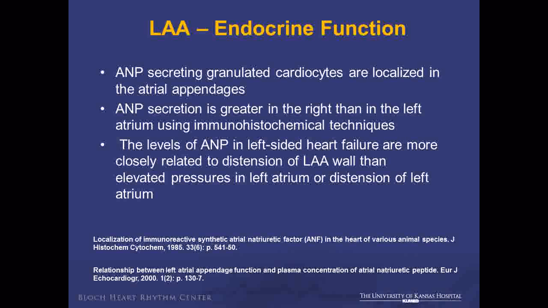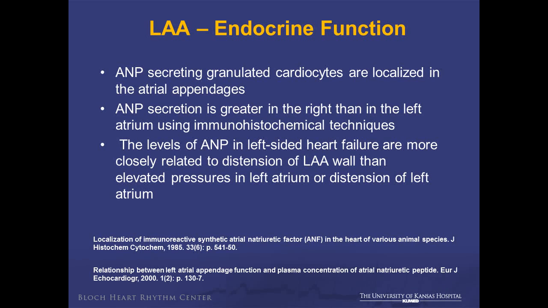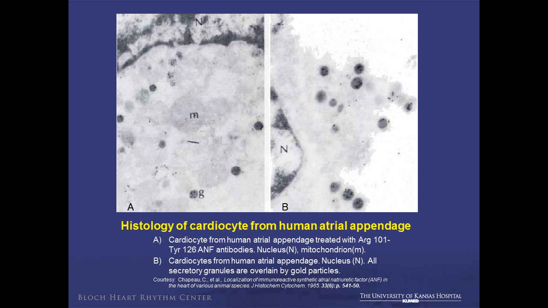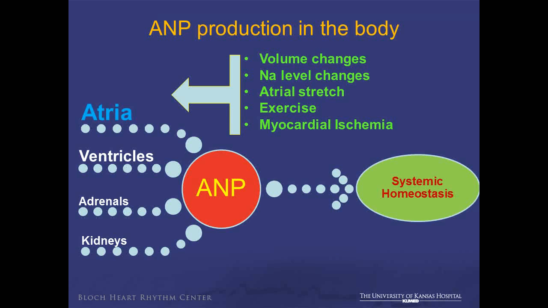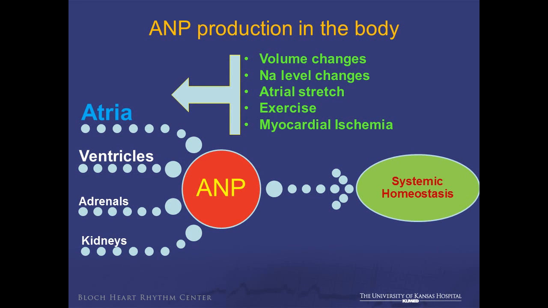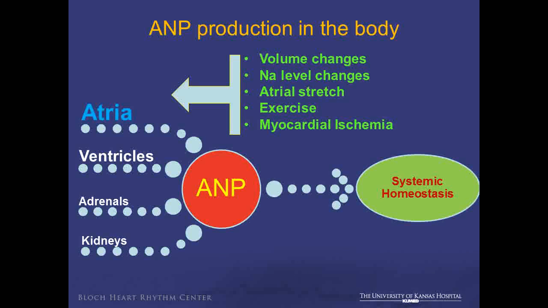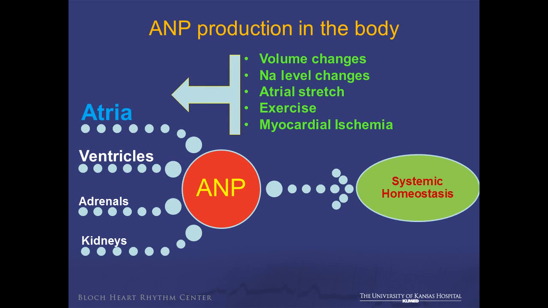It seems that the ANP secretion is more closely related to the appendageal wall distension than the elevated pressures in the atrium or within the appendage. So this is a good example of these granulated cardiocytes that have the secretory ANP granules in it. To sort of simplify the atrial natriuretic peptide physiology within the human body, there are several sources, including atria, ventricles, adrenals, kidneys, of which the atria seems to be the most common source of natriuretic peptides.